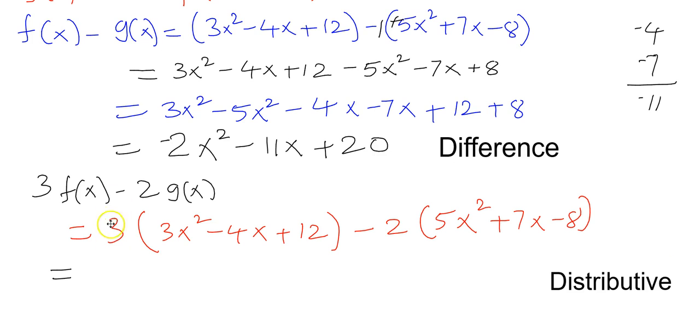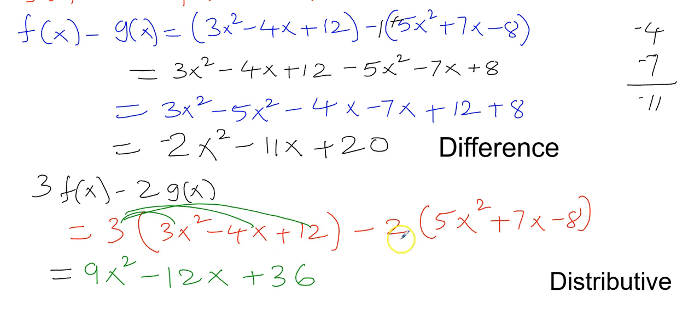Okay, so now what does distributive property state? 3 times 3x square gives me 9x square, and then 3 times negative 4, so negative 12, and x is already there, and 3 times 12 is 36.